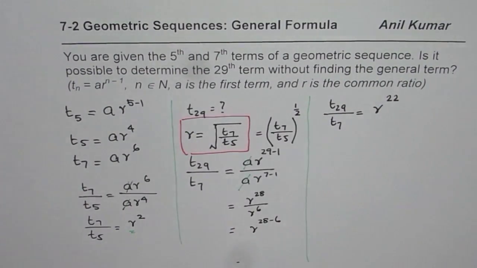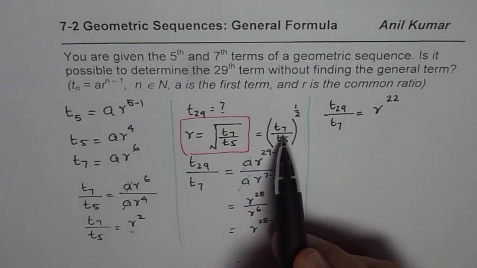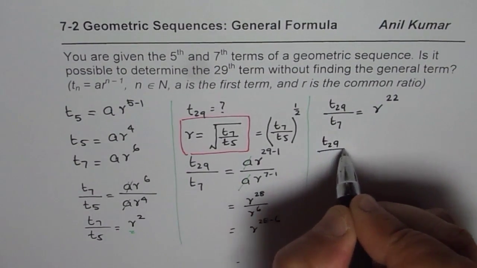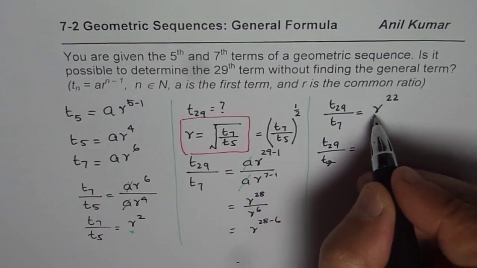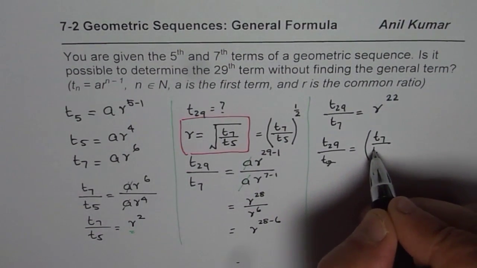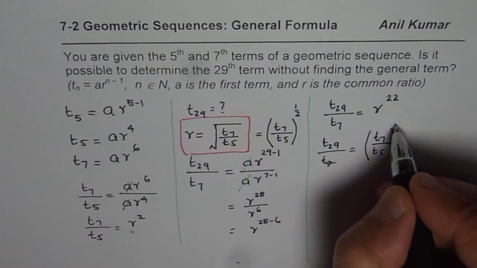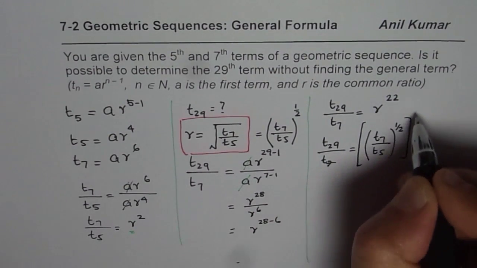So we'll replace r with this. We get T29 over T7 equals, instead of r, we write T7 over T5, these are the two known terms, to the power of half, and everything to the power of 22.